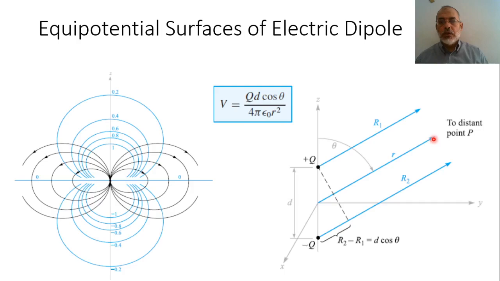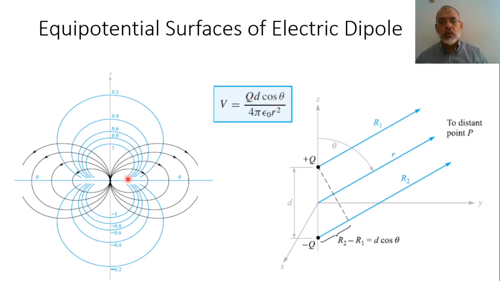So, in the xy plane, the angle theta is always 90 degrees. In this case, for this electric dipole, the xy plane represents an equipotential surface where the potential is always 0, because cosine 90 degrees is 0.